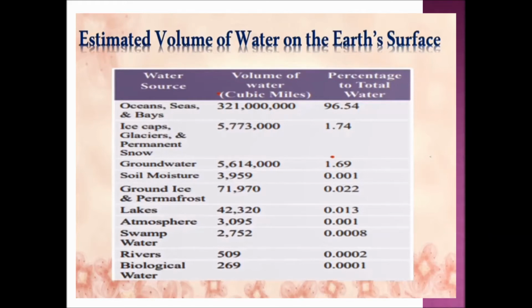Then for groundwater, soil moisture, ground ice, and permafrost. Then for lakes, atmosphere, swamp water, rivers. Then finally they have given for biological water.